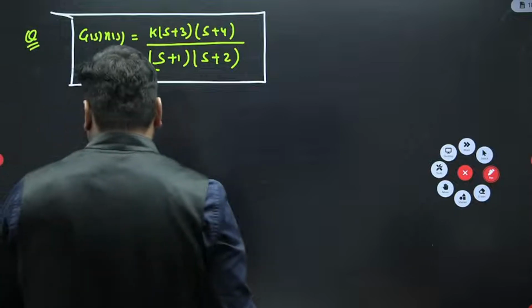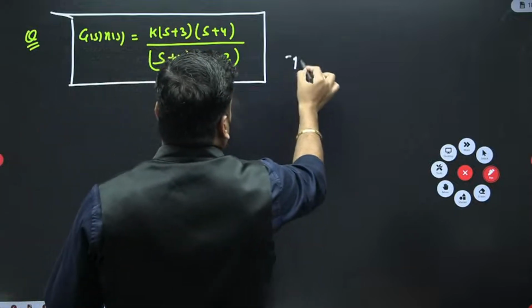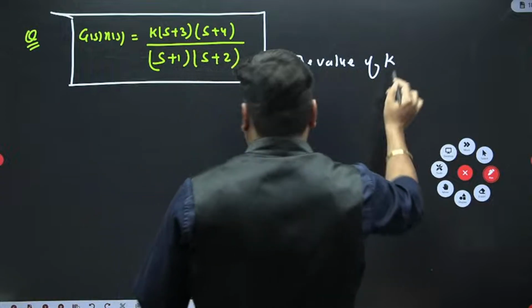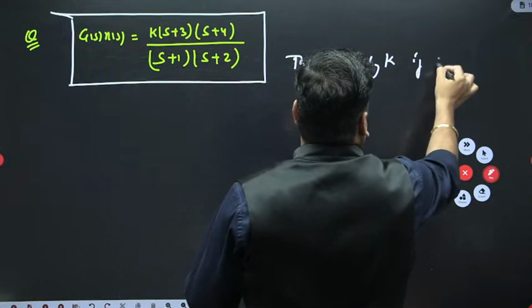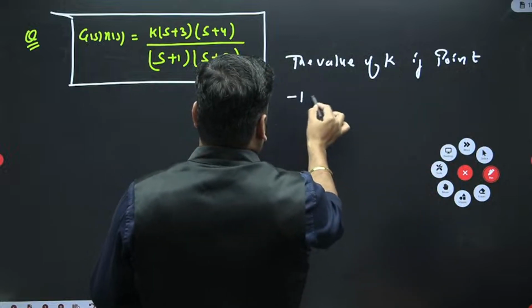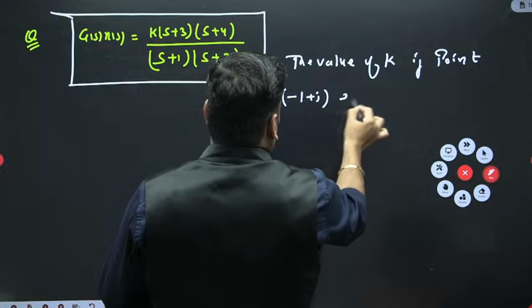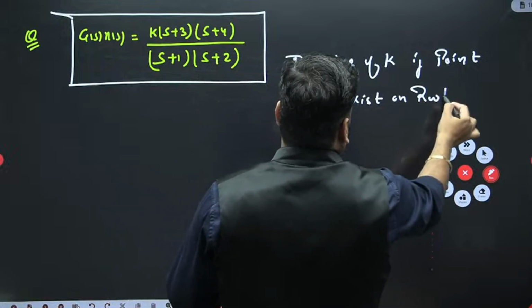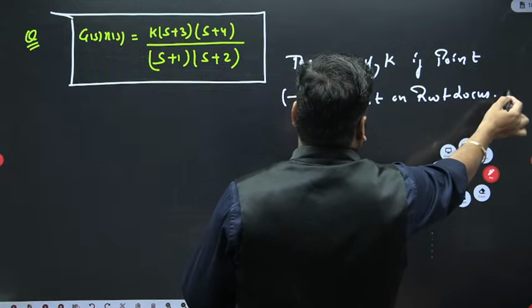The examiner is asking for the value of K, if the point -1 + j exists on the root locus.